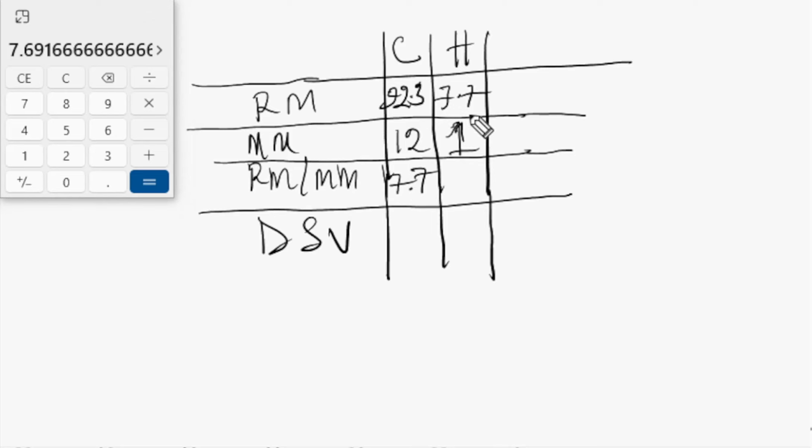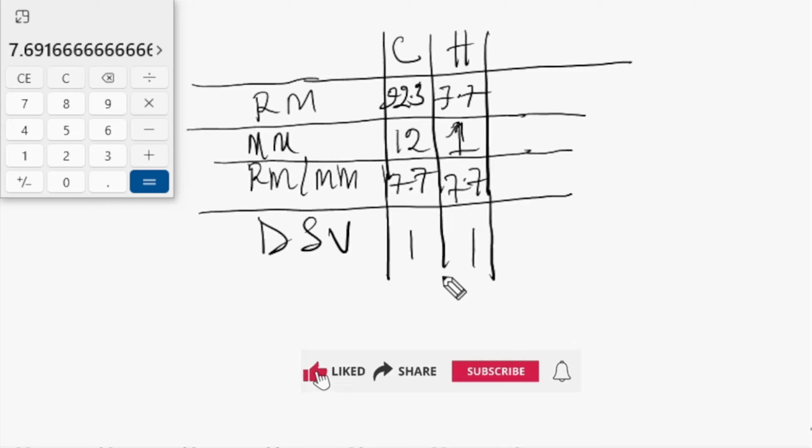So guys, when we divide 7.7 by 1, we also have 7.7. So over here we can now divide by the smallest value. Both of them have the same value actually, so we'll just have 1 to 1 as the ratio here. So this means that the empirical formula of this compound will just be CH.